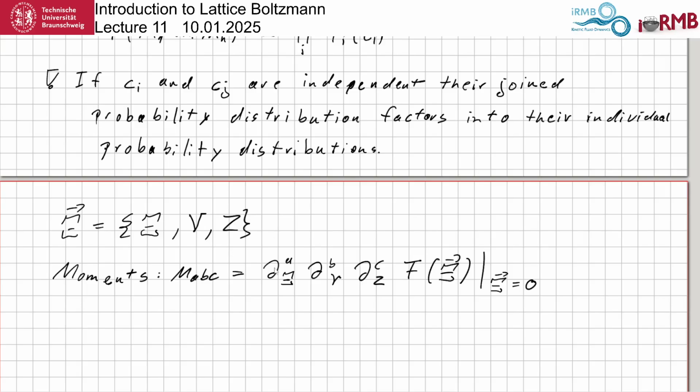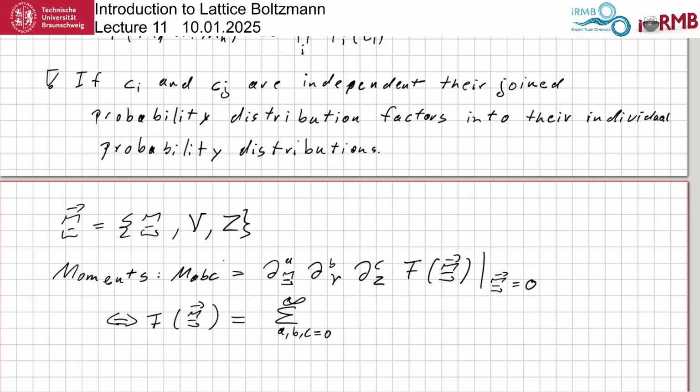It is important to see that the moments are the coefficients of a series expansion. It's not really the Taylor expansion because we skip a factor, but we can write this equivalently as a Taylor function. So f of Xi can be written as a sum over all the moments A, B, and C from 0 to infinity.